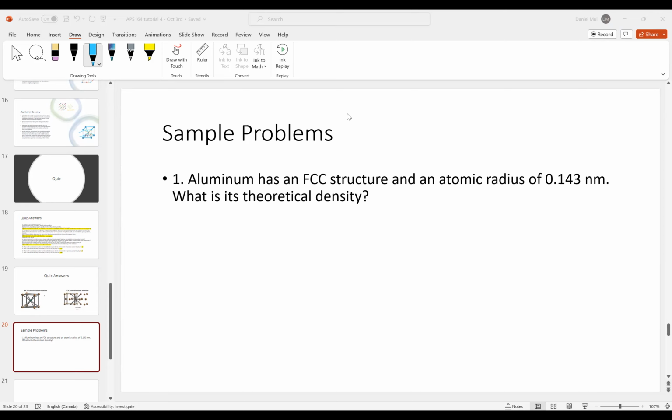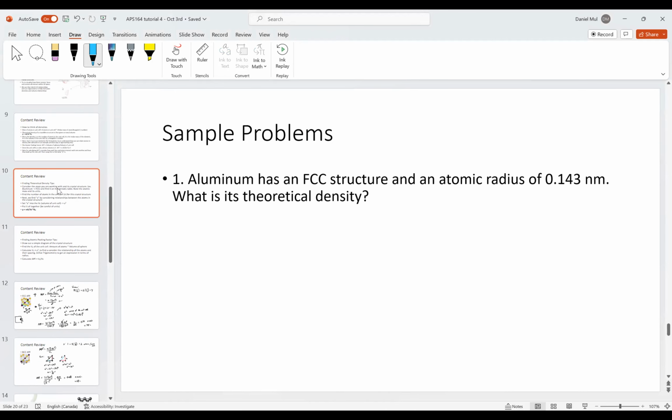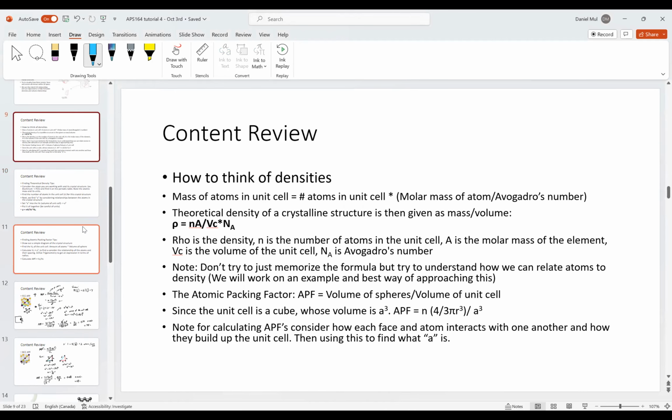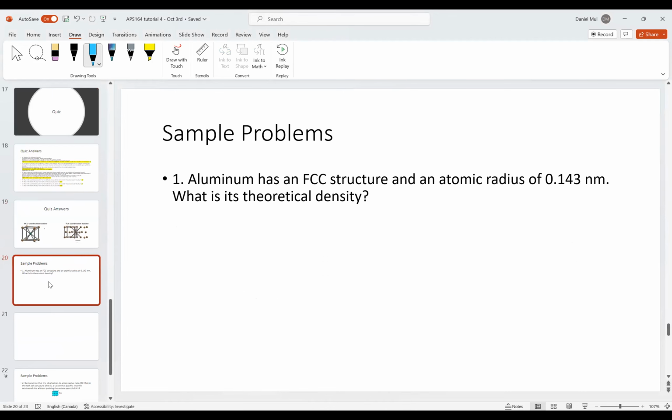So when we think of theoretical density, we go back to slide 9. The theoretical density of a crystalline structure is given by this relationship.